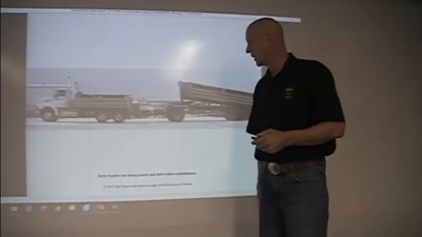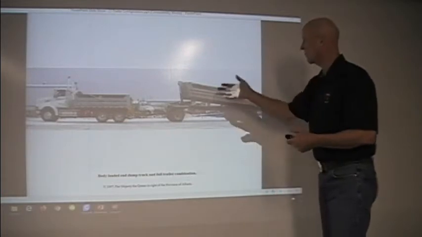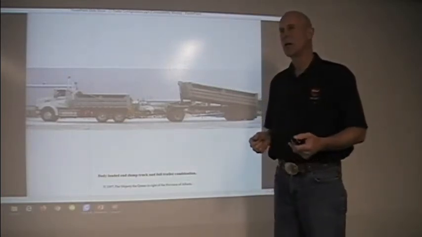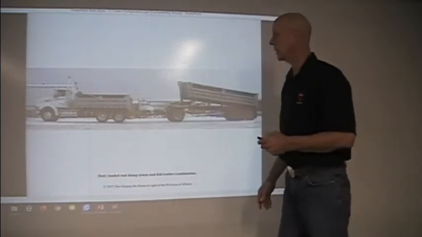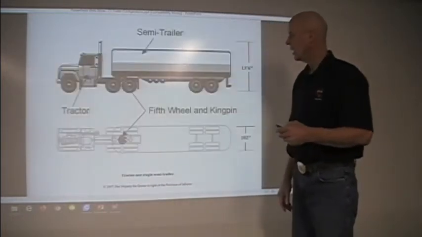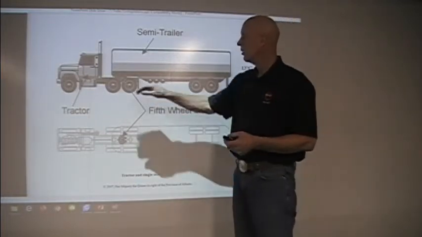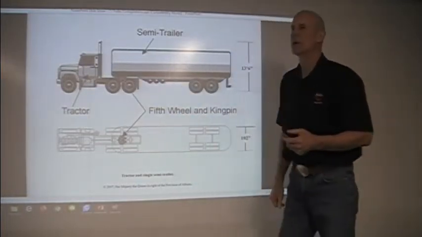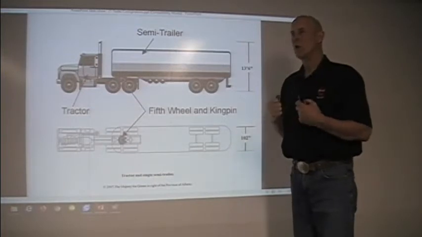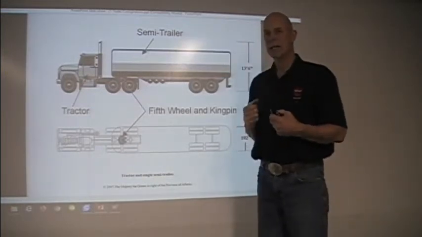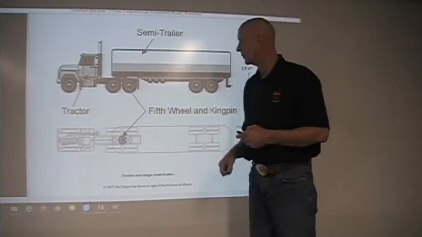So when we take a look at body dumps, again, when we have an end dump trailer, how is it hooked? How is it operated from the vehicle in front? Semi-trailers, again, we have a single trailer, we have a single pivot point on a fifth wheel. So these are components that are heavy wear items, and again, they have to be maintained properly.